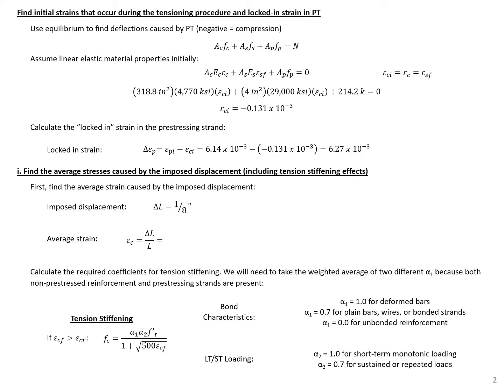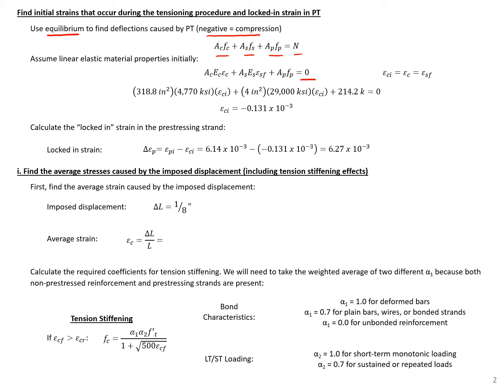We can use our equilibrium equation to find the deflections caused by our post-tensioning. And note our sign convention will be negative is compression and positive will be tension. Our equilibrium expression, internal components, concrete, steel, and pre-stressing, equal our external applied load. At initial pre-stressing, we have no external applied load, so we just have our internal forces equal to 0.